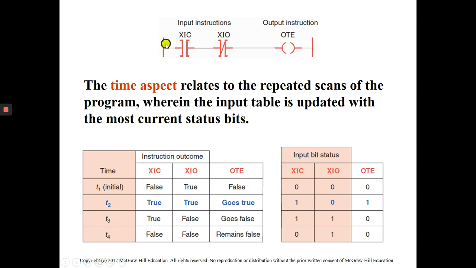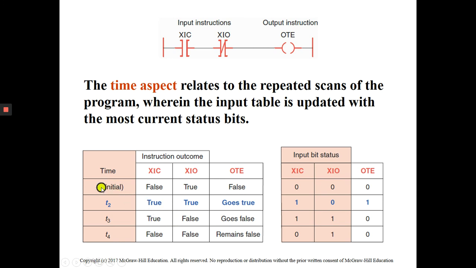It goes from left to right, top to bottom, then again it will be repeated. So it's a continuous operation, it does not stop. When the status of the instruction changes from true to false, false to true, and so on, in this case you will have some delay. So you can get two false inputs, two true inputs, and so on.